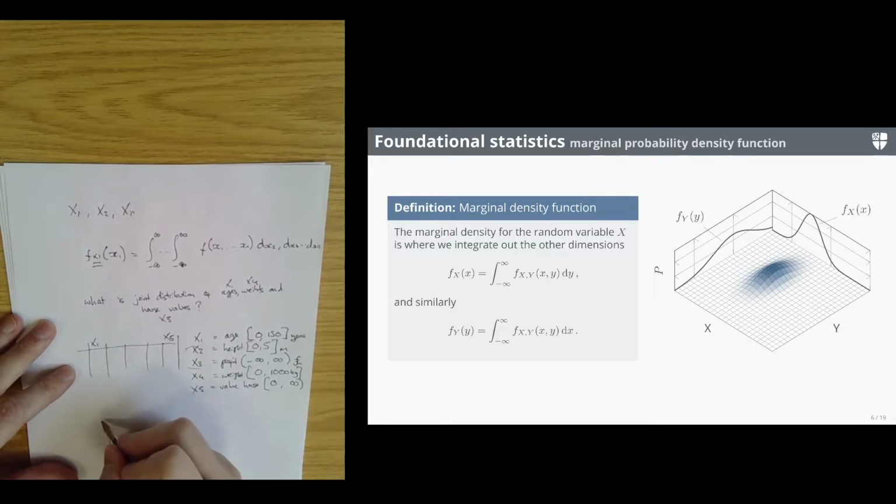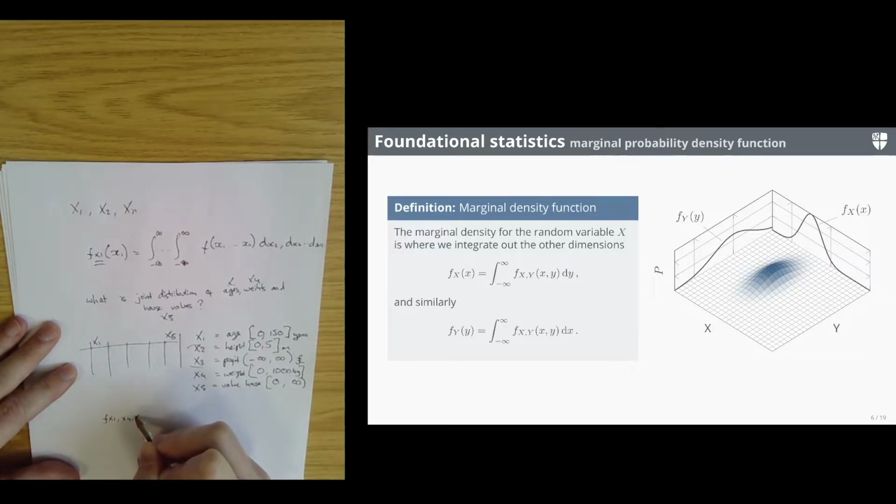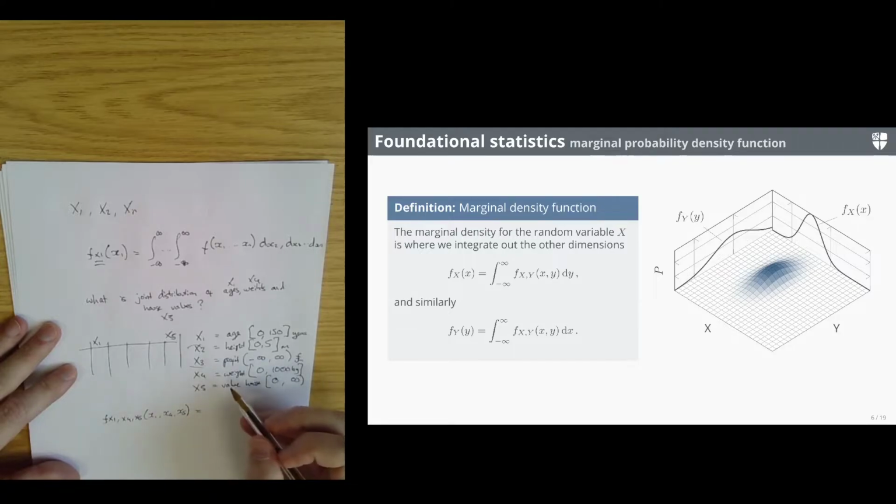So we would say the marginal distribution of x1, x4 and x5, and then we integrate out x2 and x3.